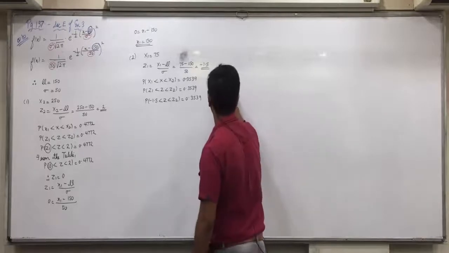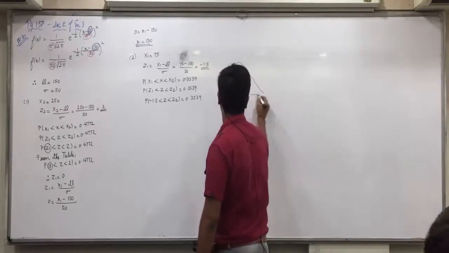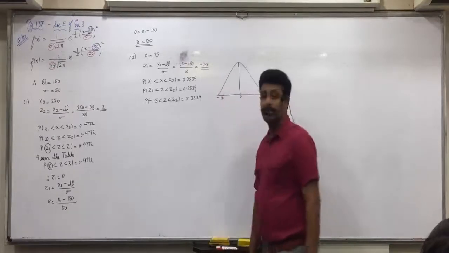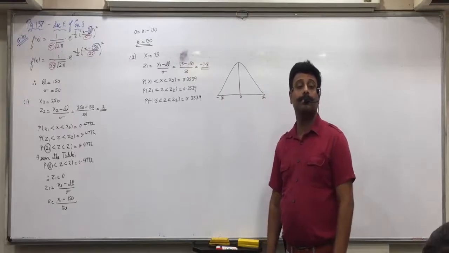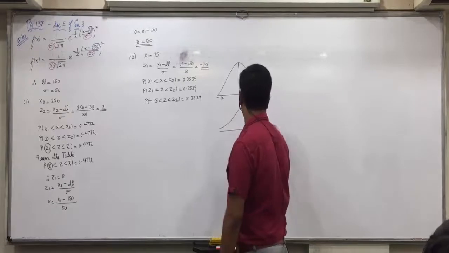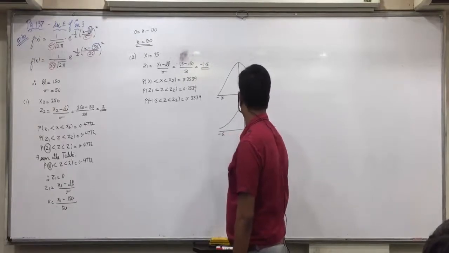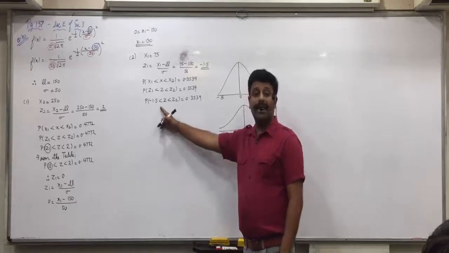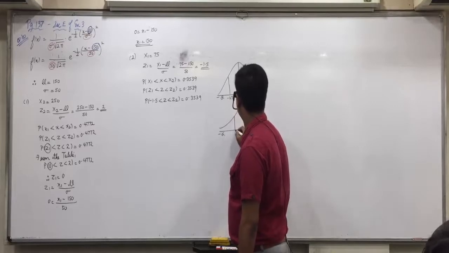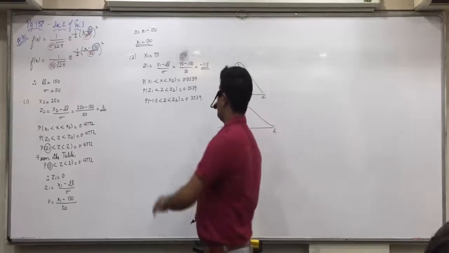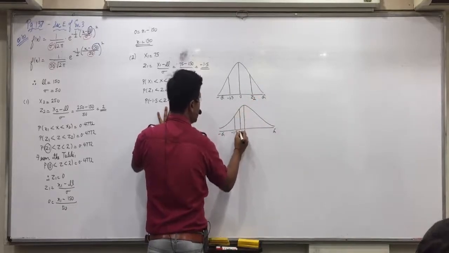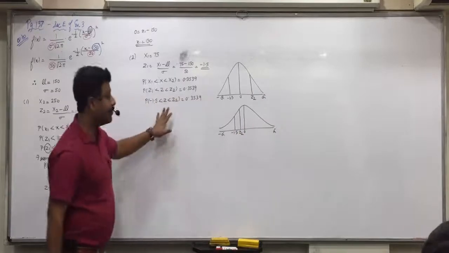Two diagrams. First of all, in both the diagrams, minus 1.5 will come on the left side. Now in one diagram, Z2 we will take on the right side, and in one diagram Z2 we will take on the left side.